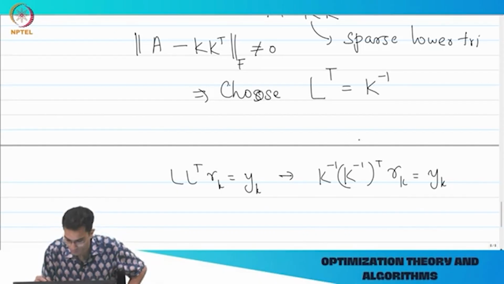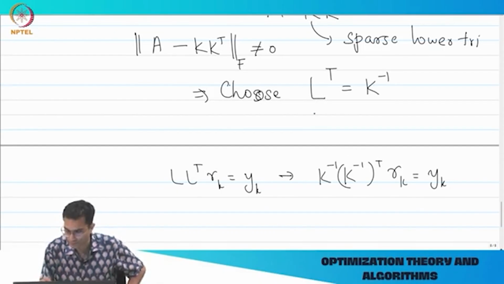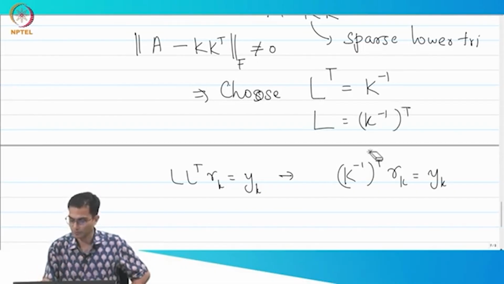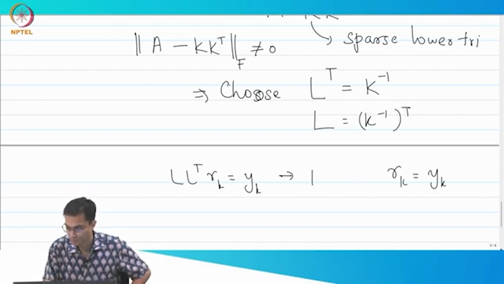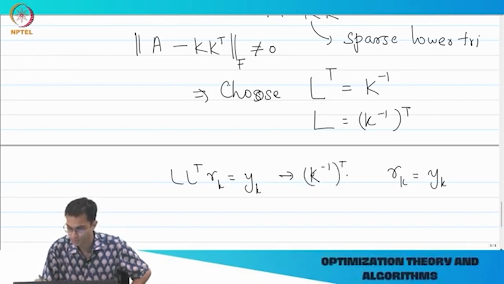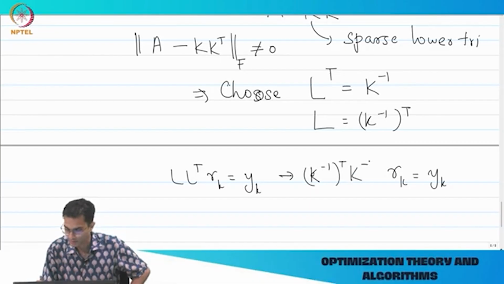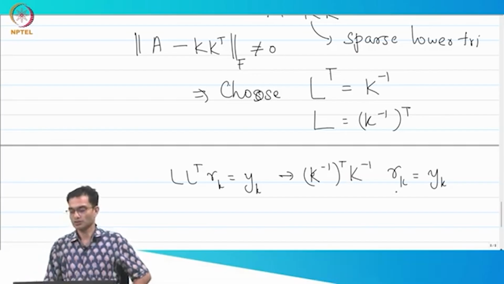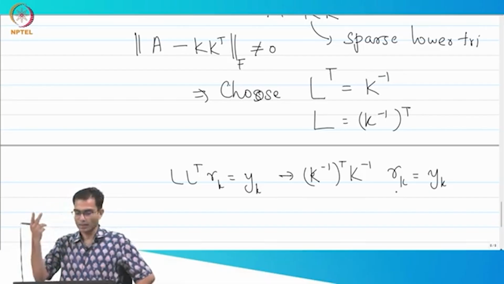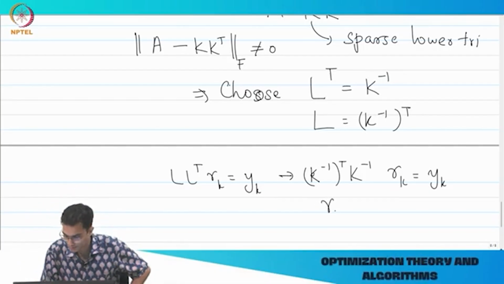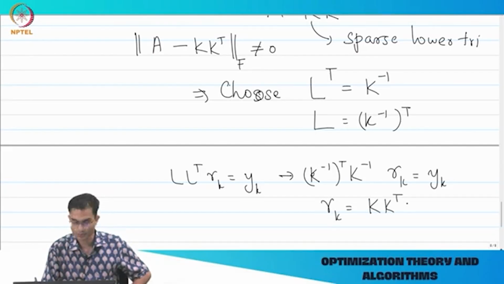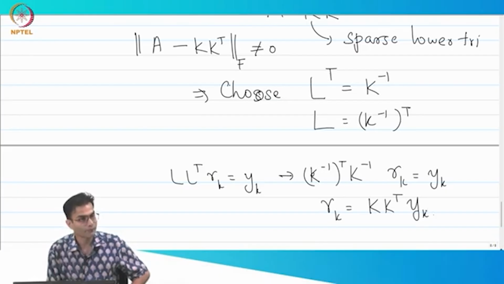Oh, sorry, this is what is wrong. L is actually K inverse transpose, right? So this is where I made the mistake. So this is going to be K inverse transpose multiplied by K inverse RK. So what do I do next? Inverse and transpose can be swapped, right? And what I am going to get is RK is equal to KK transpose YK, right?